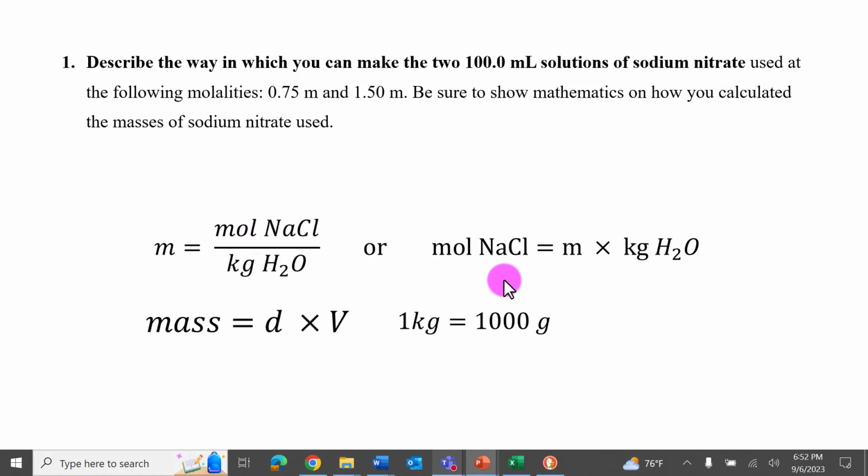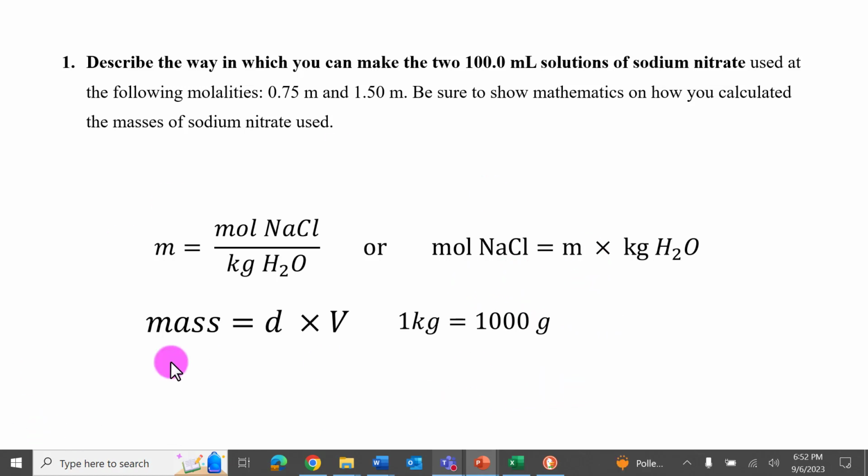So when you go to figure out the actual mass of, this is for the mass of water, but when you figure out the mass of sodium nitrate, you are going to find the molar mass of NaNO3, and that will be different than NaCl because you will have 1 sodium, 1 nitrogen, and 3 oxygens to add all together.